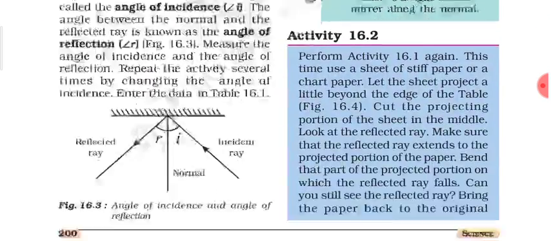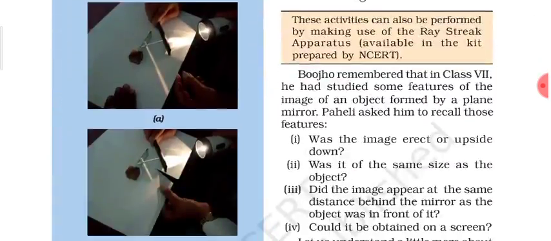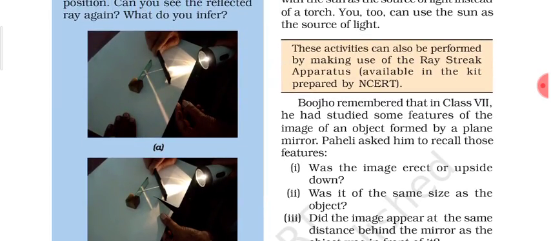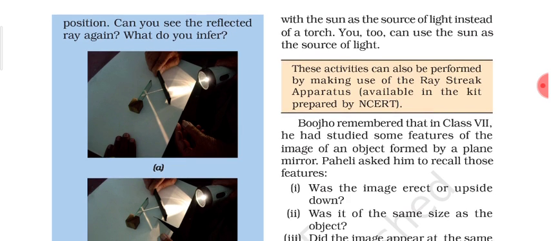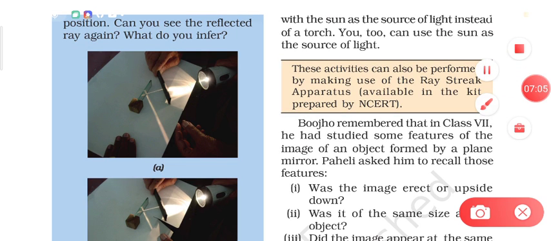So dear students, now we need to understand another law of reflection, right? For understanding this law, we will have to perform this activity in another manner. This time you will take the sheet and hang it out of the margin of the table.